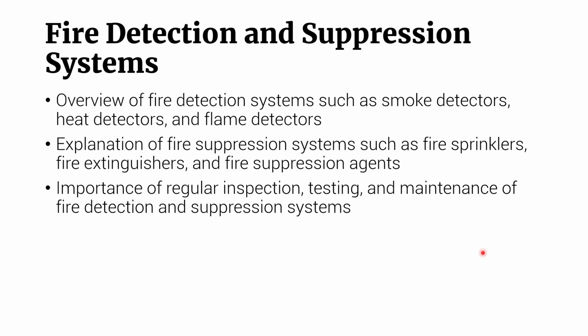Alam na alam naman natin itong fire extinguisher na to, di ba? Fire suppression agents, specialized chemicals, gas, or foams designed to suppress fires by removing heat, oxygen, or fuel from the fire triangle, extinguishing flames and preventing reignition.